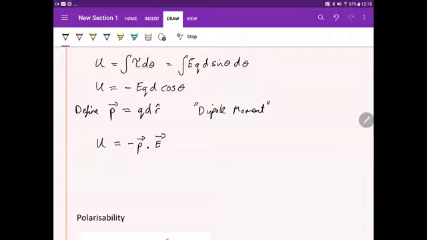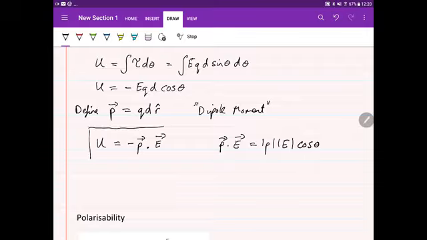And the reason we can write that is because of the definition of the dot product, which is that P dot E is equal to the magnitude of P times the magnitude of E times the cosine of theta. So P is our Q times D, then we've got the cos theta and the E, and just a minus which drops out here. So we get this nice identity that the energy to rotate a dipole is related to its dipole moment, dot product of that with the electric field.